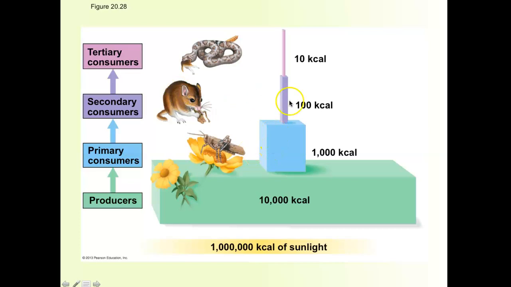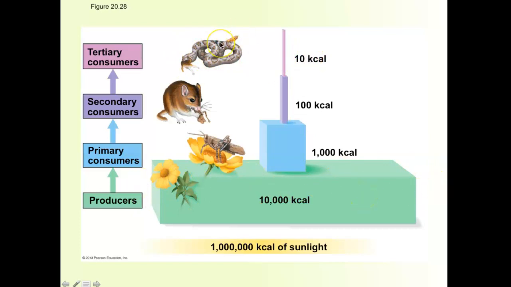The mouse is only going to have 100 calories, and another 10% is available at the snake. So what this means is the higher up you go in trophic levels, the top consumers are going to need to have a lot more area to maintain the amount of energy it needs, because the energy that it gets is only 10 calories from this whole field of flowers.